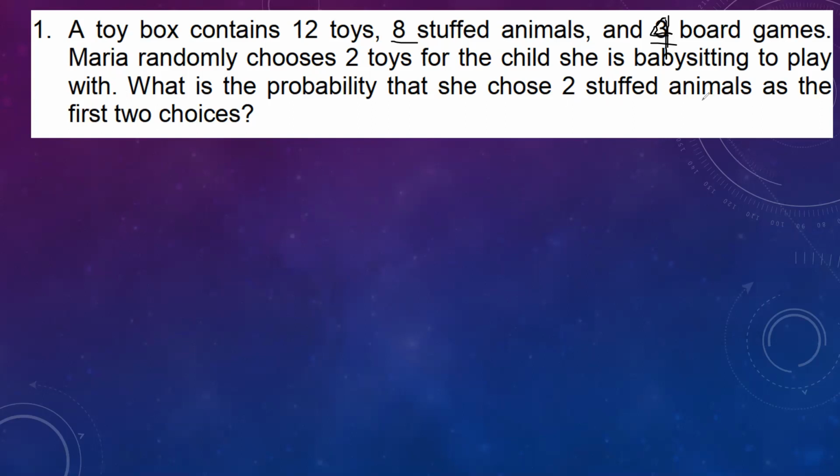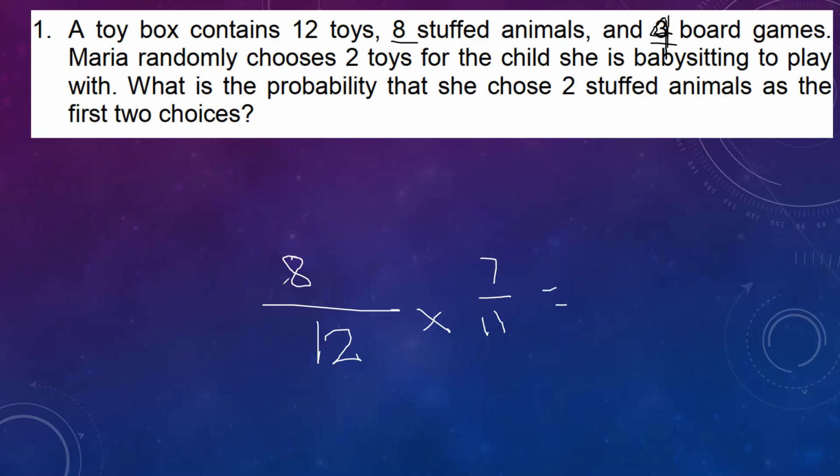What is the probability that we have stuffed animal? Ilan po yung stuffed animal natin sa una? 8 out of 12. Then, sa pangalawa, 7 out of 11, kasi nakuha na natin yung isa.